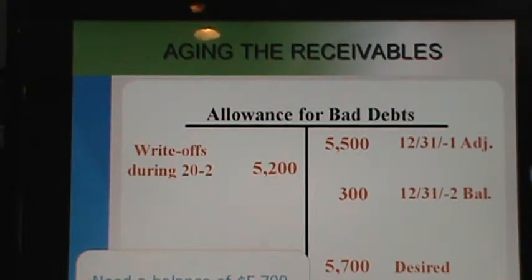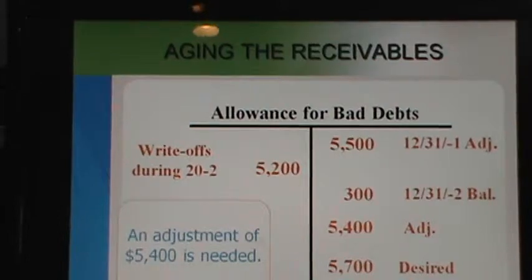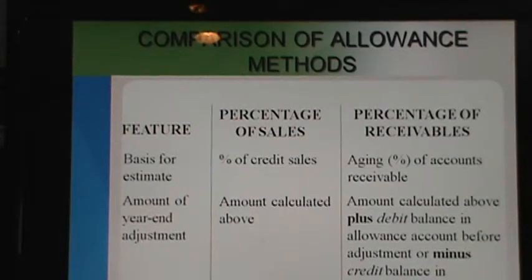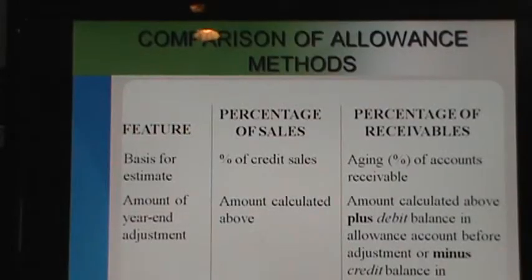But instead of $5,700 right now we have $300, so we have to do some adjusting. We need an adjustment of $5,400. And then that $5,400 adjustment is going to leave a $5,700 balance in there, as you can see.